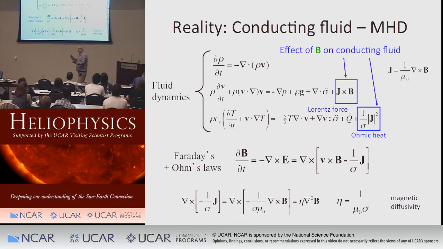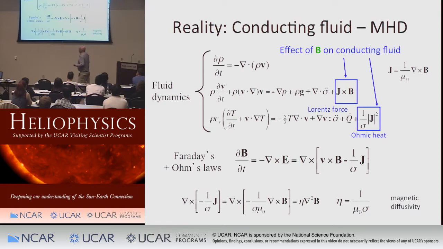That tells us it's going to oppose the change in magnetic field. And then I put in what the electric field is in this conducting fluid. It's V cross B, as we discussed. And then it's also the ohmic 1 over sigma times J. I put that in.